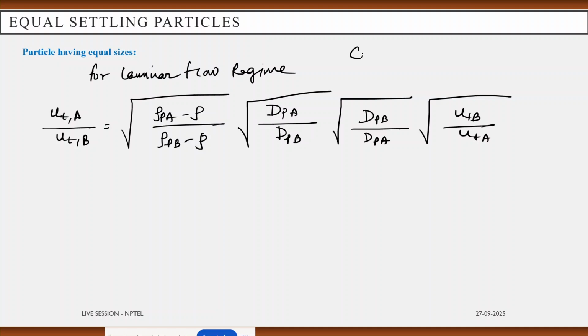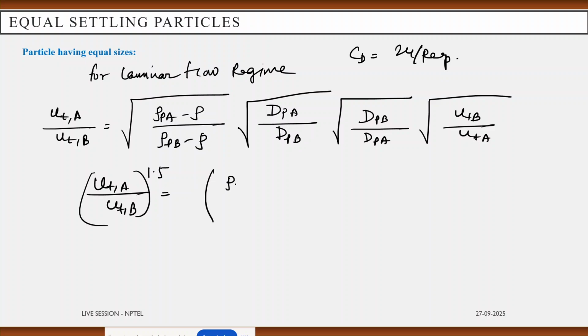This thing you are utilizing because this CD is 24 by Reynolds number that we have replaced. So from that we got equals to the power 1.5 minus rho to the power 0.5.